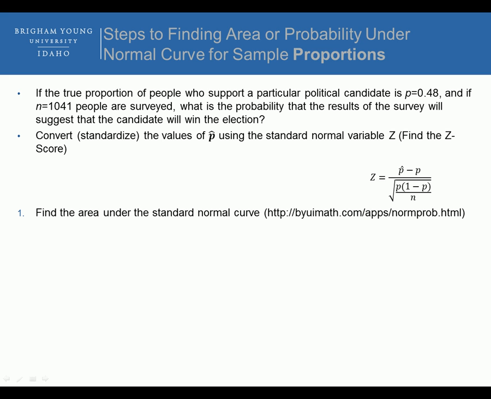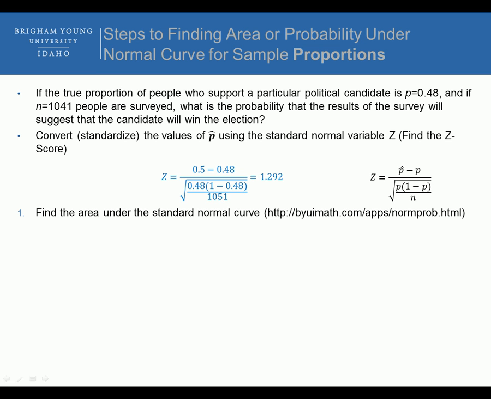The first step is to calculate the z-score. Notice here I put in 0.5. Going back to the problem, the probability that the result of the survey will suggest that the candidate will win the election only takes a simple majority, something above 50%.